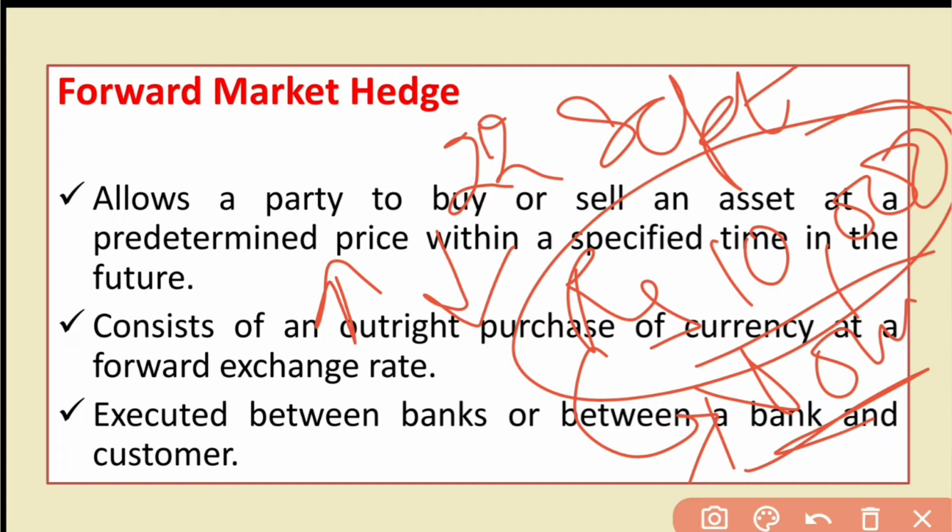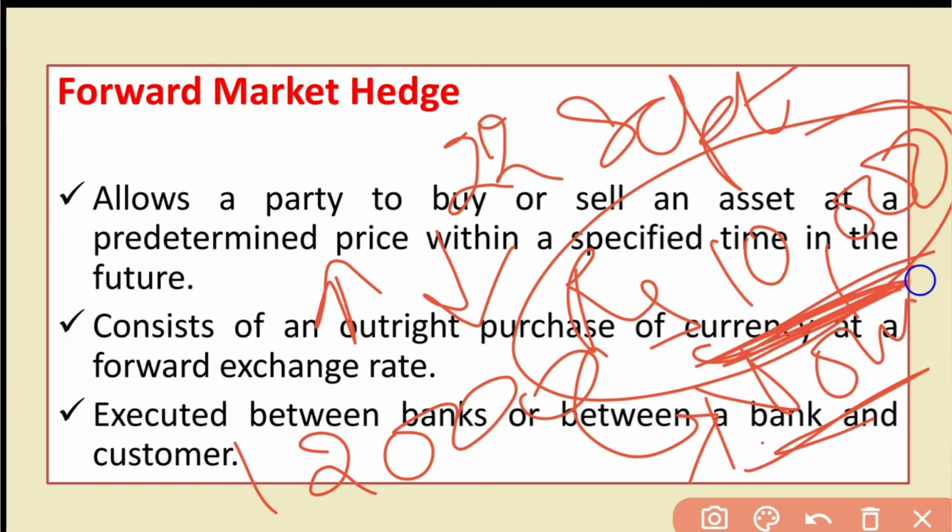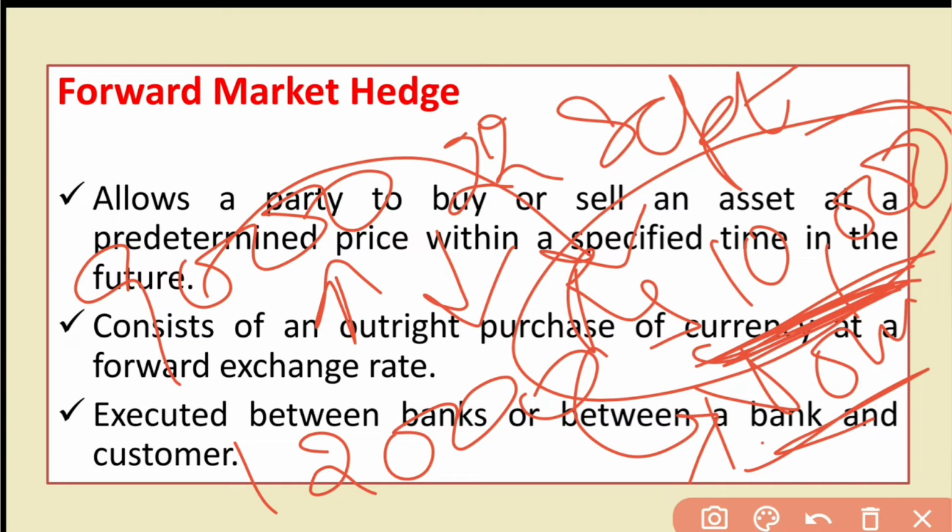So if I fix at 10,000 today, I will pay only 10,000 in the month of November, no matter if this goes up to say 12,000 or 13,000. However, if it goes down to 9,000, I will still have to pay 10,000 only, because I have entered into an agreement that I will pay 10,000 as a buyer.